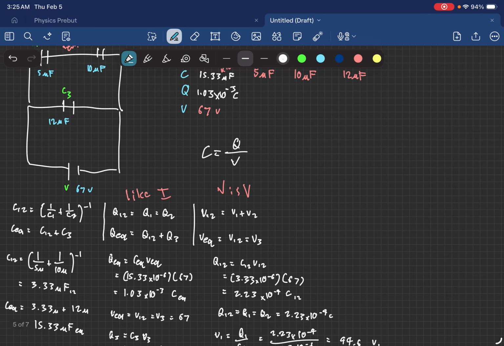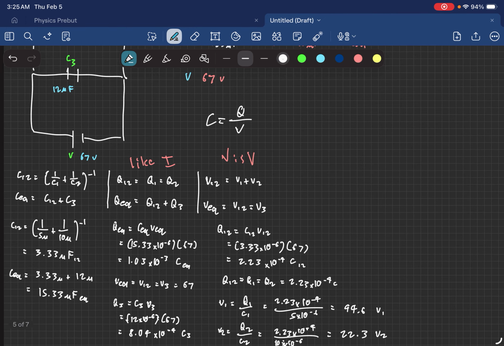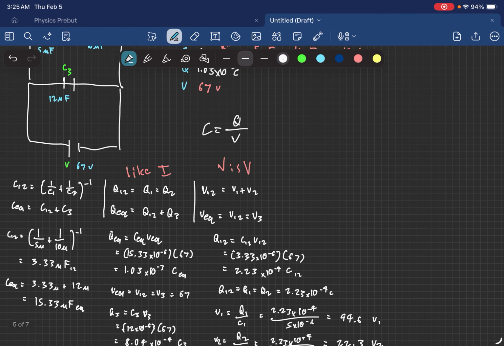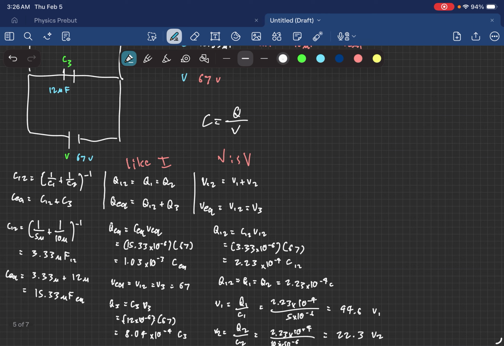Remember, coulombs EQ. Okay, this is the part where we just analyze. We look at our equations. Oh wow, our total voltage is actually equal to our V3 and V12. It's like the first problem.